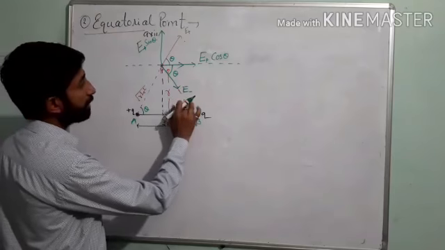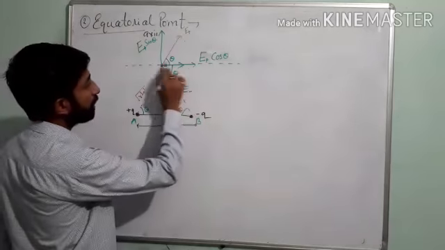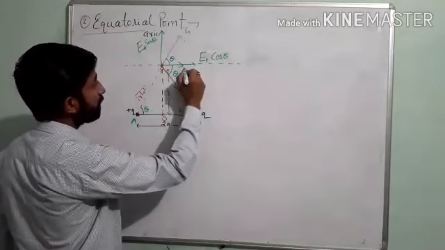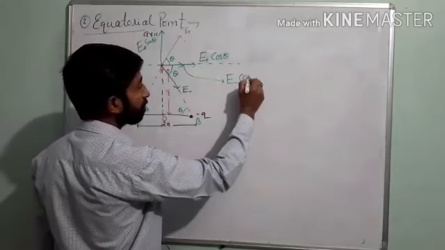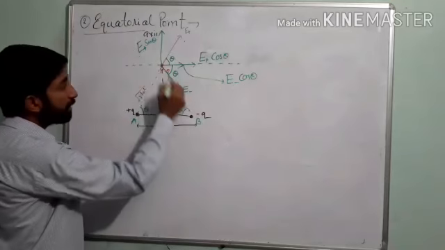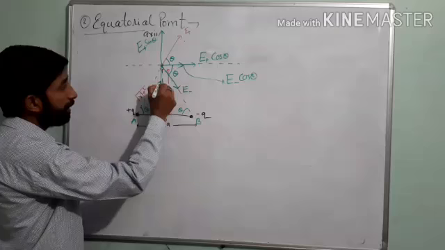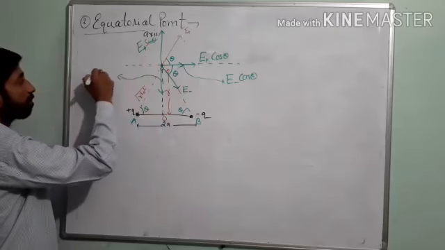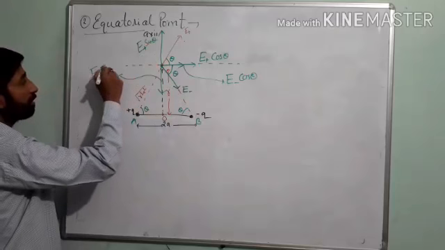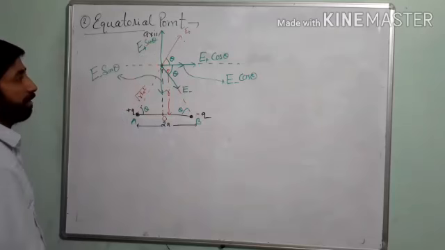This E minus has one component along this direction, denoted by E minus cos theta, and its perpendicular component will be downward. So this is equal to E minus sin theta.